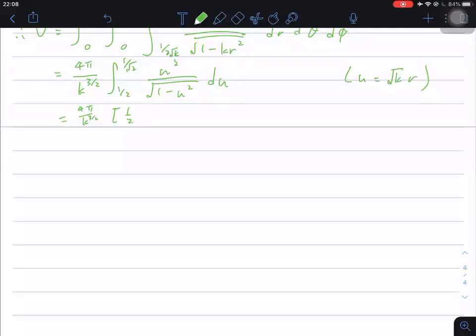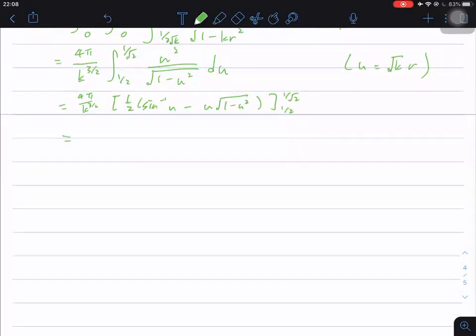If you integrate the whole thing, you get something like this: 1 over 2 times, outside, arcsine u minus u times root 1 minus u squared, with this boundary. And when you substitute the whole thing back in, you get this. Okay, so that's the volume included.